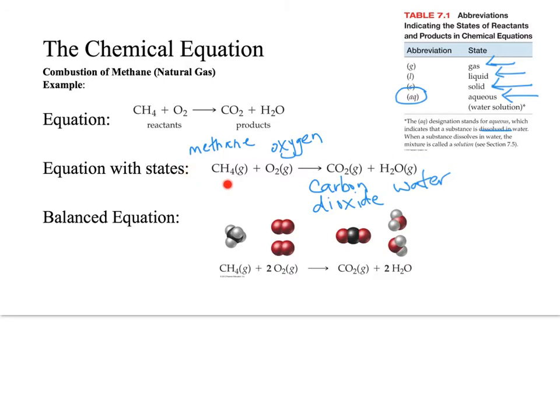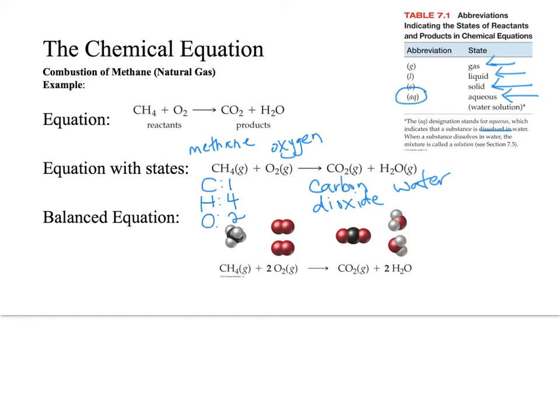Now, in this equation with states, if you were to count up the number of atoms for each of the elements, you would see the following. Carbon has 1 atom. Hydrogen has 4 on the reactant side, and oxygen has 2.